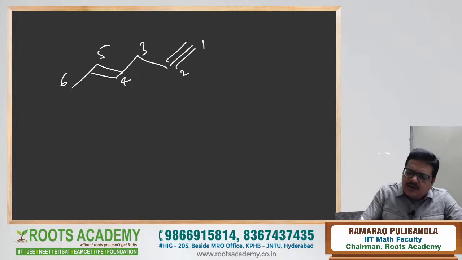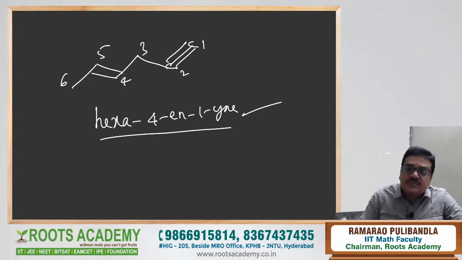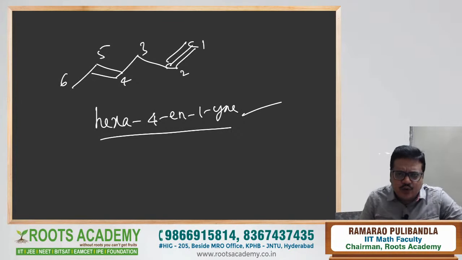So here this is 1, 2, 3, 4, 5, 6. Now what are we writing? 6 carbons, right? Hexa-4-ene-1-yne. Like that we have to approach.